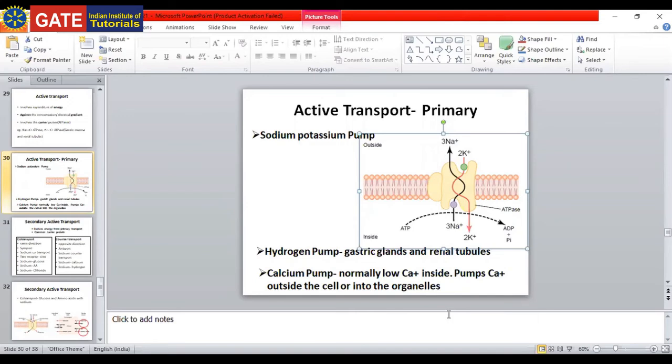If you say inside, you should tell me why. You all said it has to move inside. Why will sodium move inside?